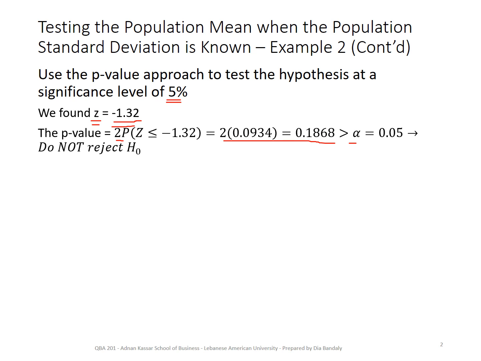Even without looking at alpha, look at this: 18.68%. It is very likely that when you draw a sample from this population, which assumingly has a mean of 25, you find a z value equal to minus 1.32.